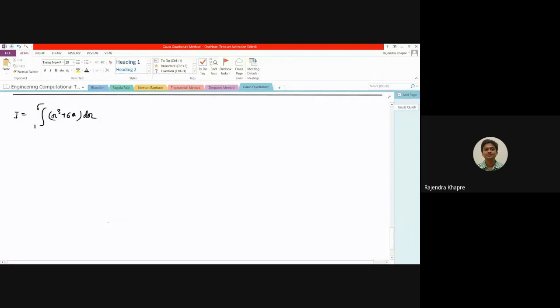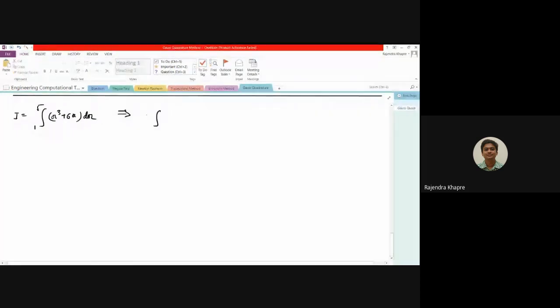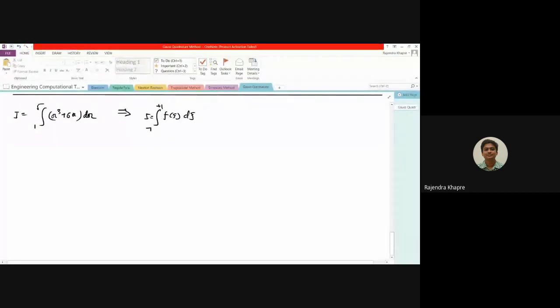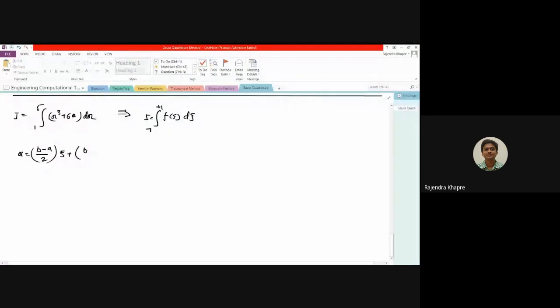So first, what do we have to do? We have to convert this equation into something like I is equal to integral from -1 to +1 of f of xi d xi. In order to convert this, what we have to use is x equals b minus a divided by 2 into xi plus b plus a divided by 2.